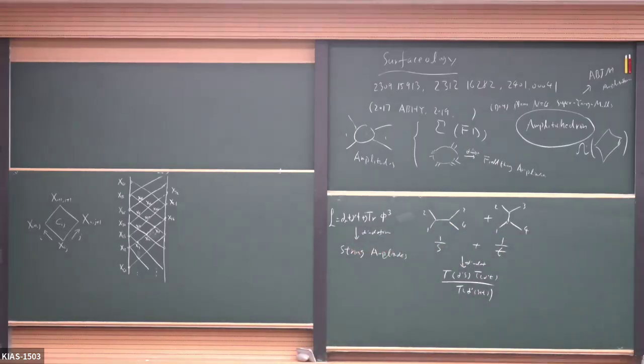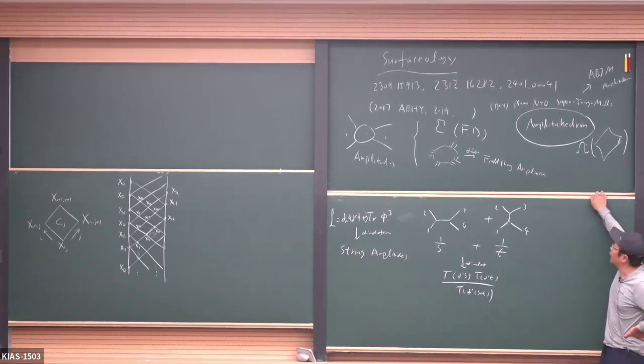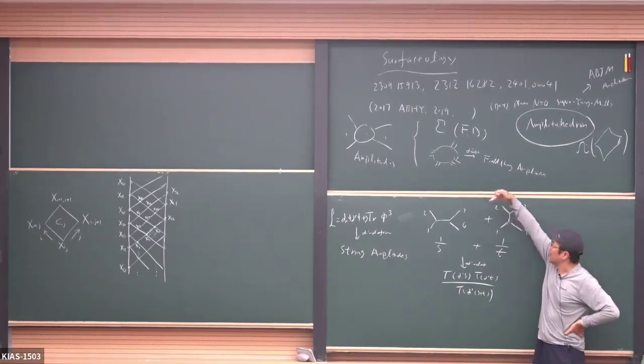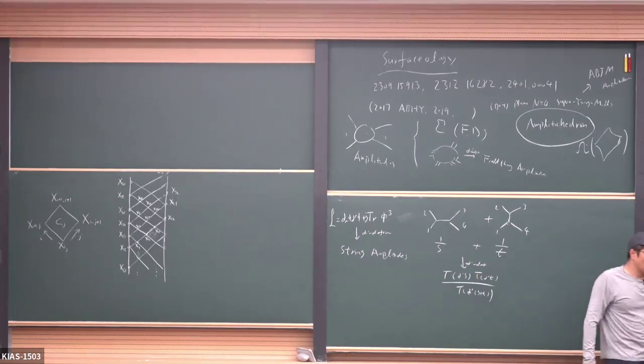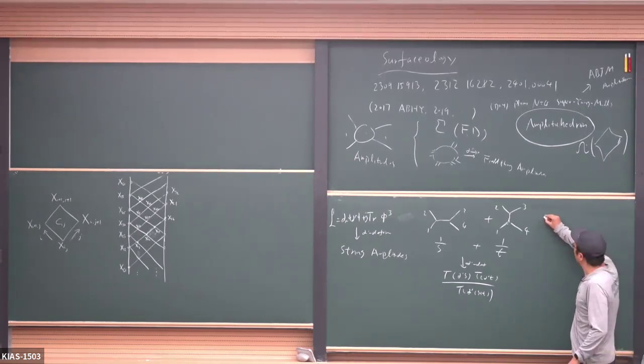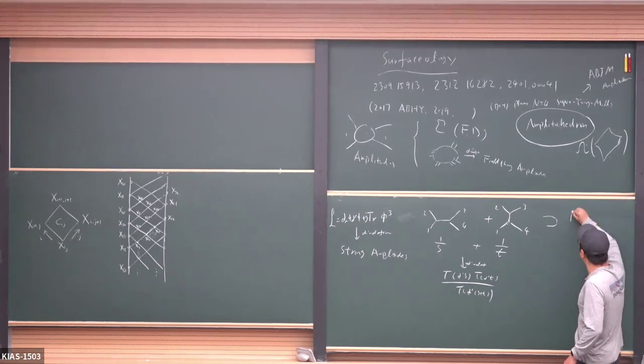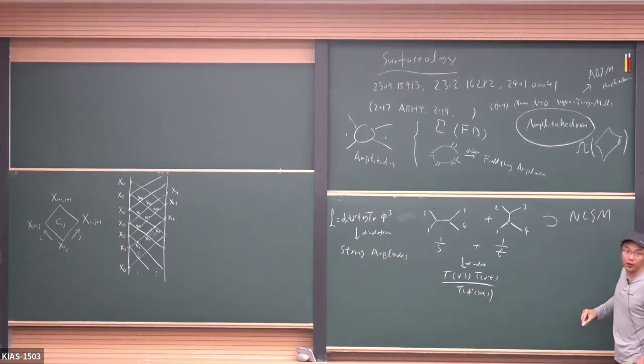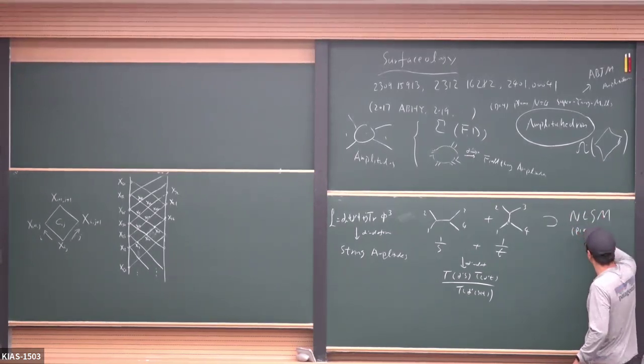So this way of thinking that I'm going to introduce is a different way of thinking about trace phi cube and string amplitudes without Feynman diagrams or any worldsheet physics. It uses surfaces, but not any worldsheet physics, okay? And then tomorrow, I'm going to generalize. So this actually, very nicely, contains theories such as the nonlinear sigma model. This is about pion scattering, okay?